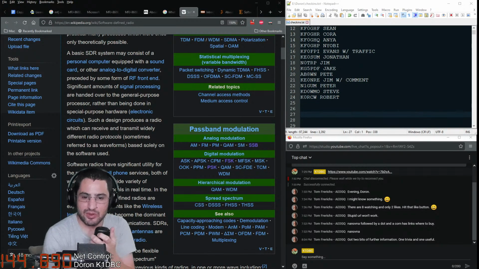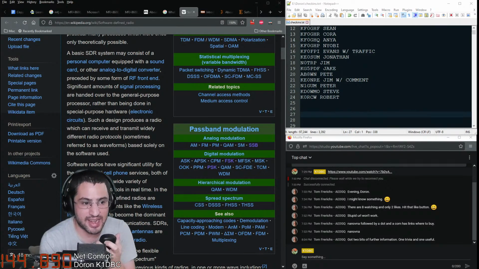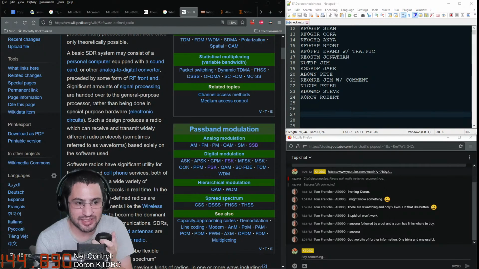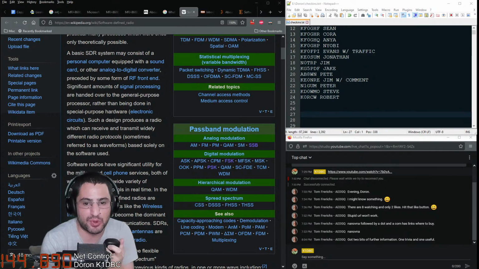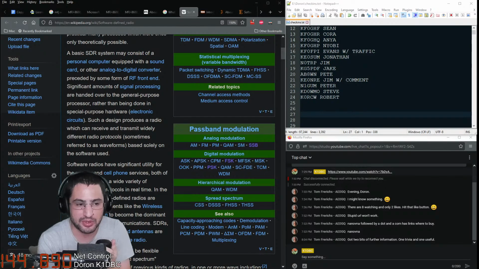All right, this is K1DBC Net Control. I think our cell phones nowadays, maybe, take it with a grain of salt, are sometimes based on software-defined radio. I think they have one transceiver in them that's potentially capable of emitting on multiple bands, whether it be Bluetooth or Wi-Fi.